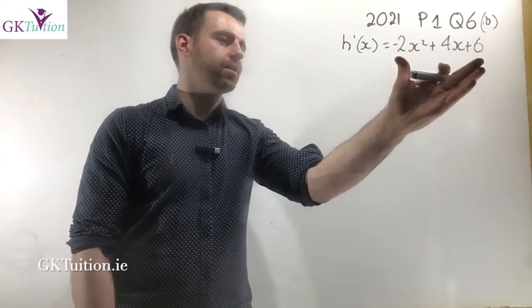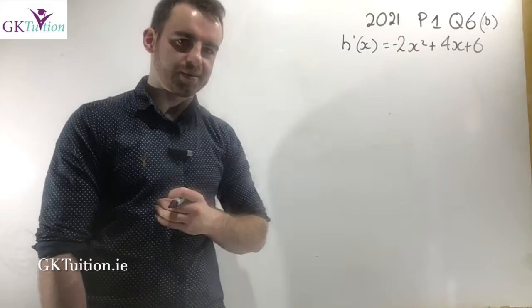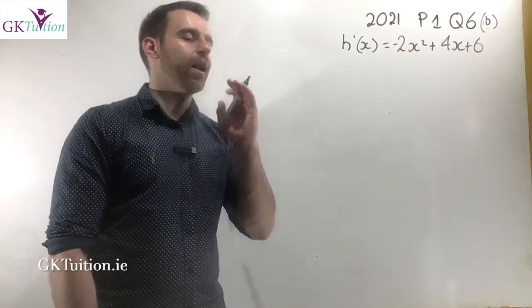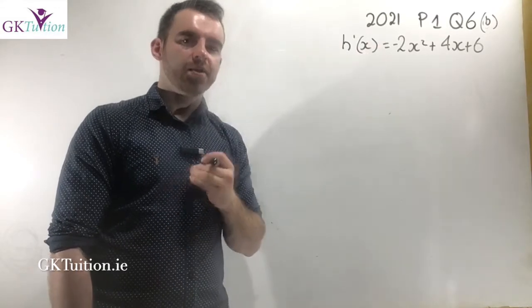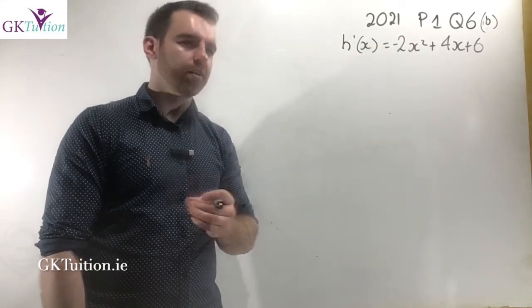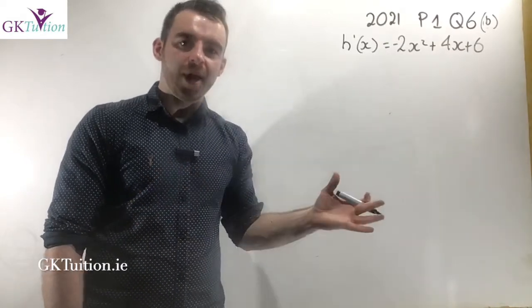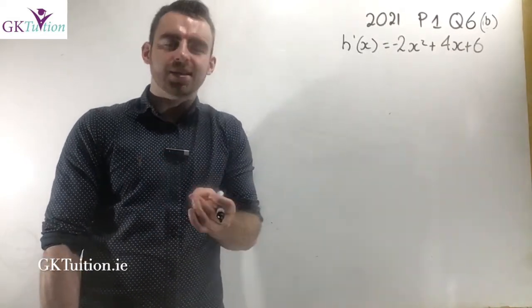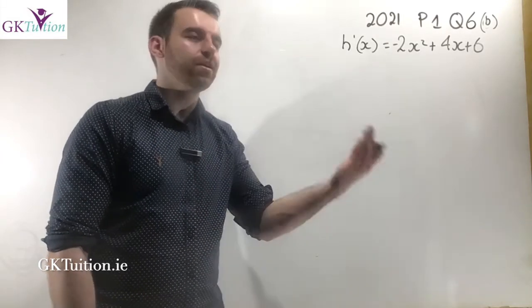So this is the slope, what we worked out in part A, minus 2x squared plus 4x plus 6. Now we're being asked to find the maximum point of this. So don't get confused with your derivatives here. This is what we're trying to find, the maximum of this. In any finding the maximum point question you've ever done, the first thing you do is differentiate and let it equal to 0.